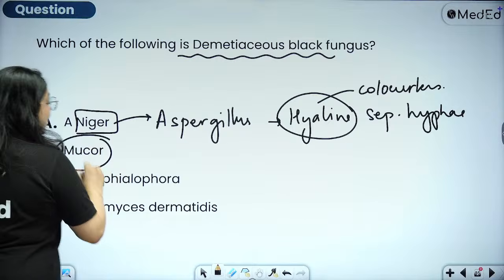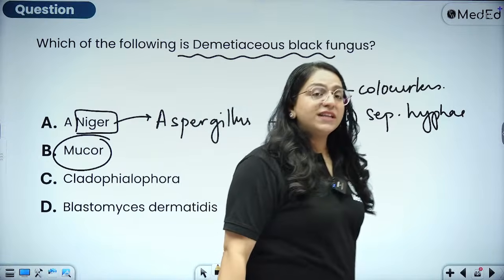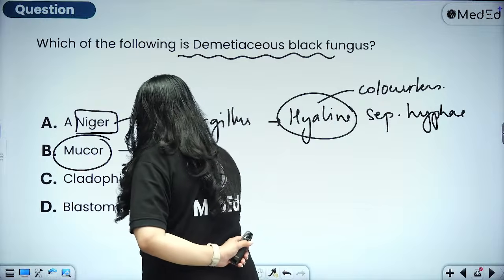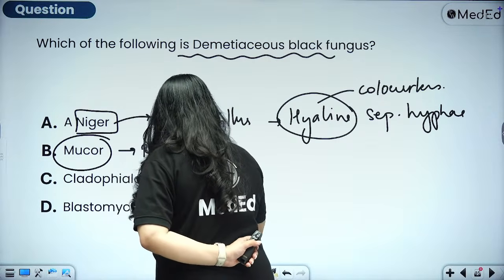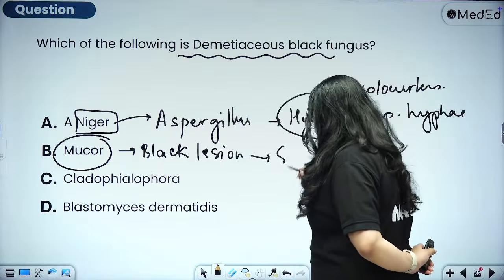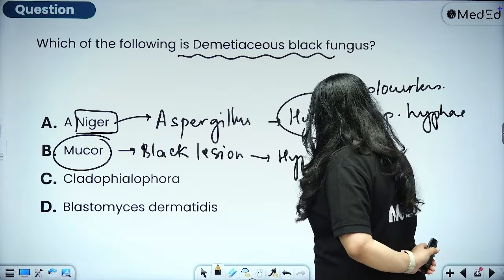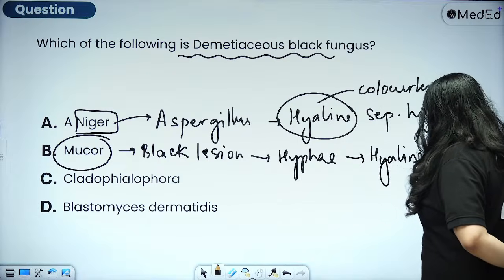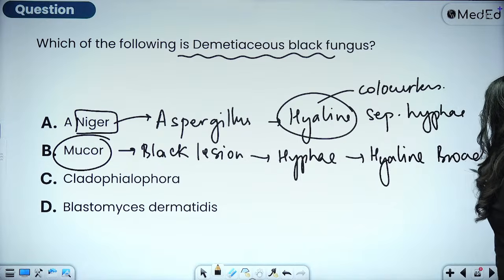Mucor, black fungus of mucor is a misnomer because it produces a black lesion. The hyphae itself are hyaline. Broad aseptate.